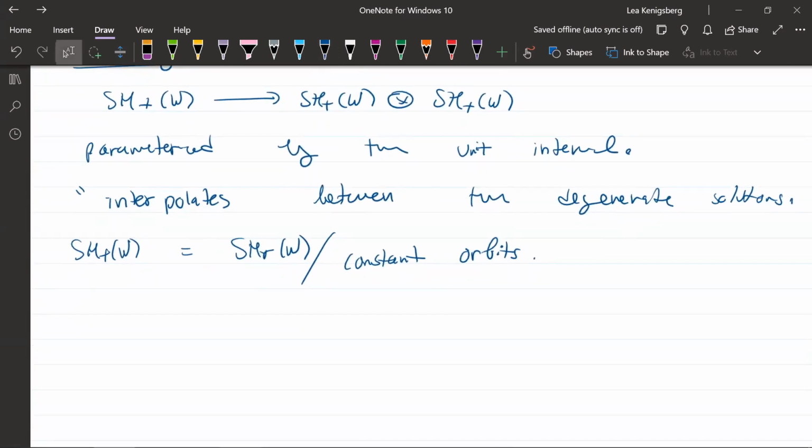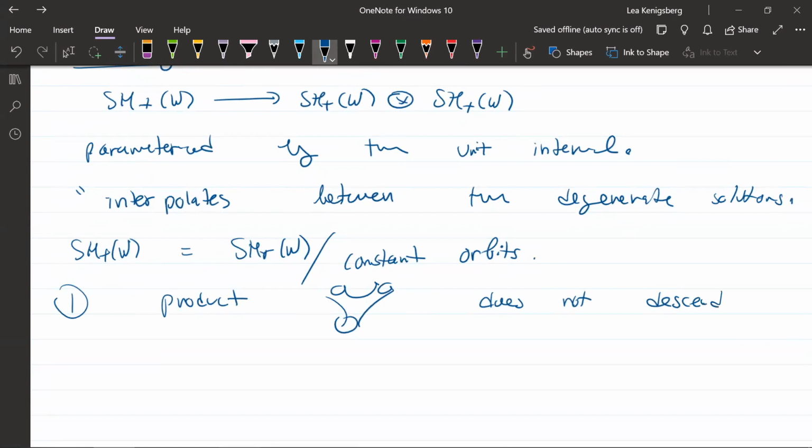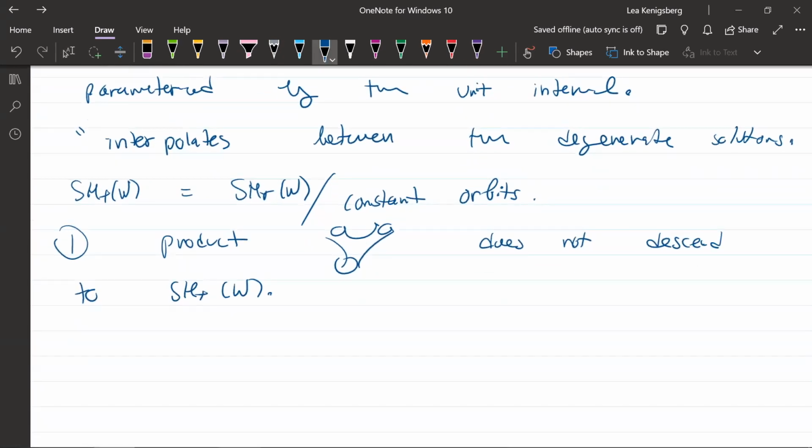Okay, so the first motivation: the product doesn't descend to an operation on SH+ of W. Maybe you want to study identities such as: you take two orbits, you multiply them, you take the product, and then you take the coproduct.